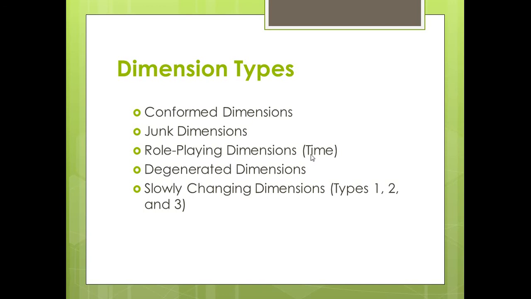So it degenerates. Basically, a degenerated dimension is a dimension that is held within a fact table, because it doesn't need to exist since its properties are redundant. So you get rid of the dimension and you just refer to its attributes, which are contained within other dimensions, from your fact table.